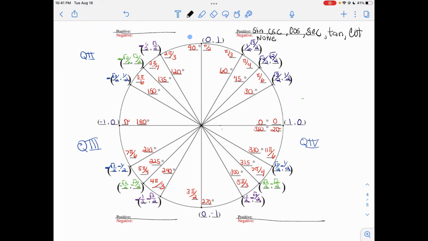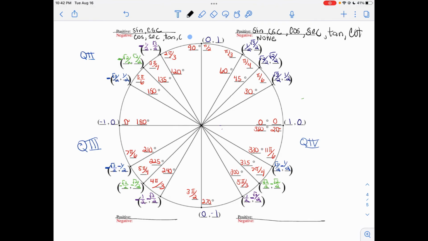Now in quadrant 2, my x is negative, my y is positive. So since y is positive, that means my sine must be positive, and its reciprocal, cosecant, must be positive. Since x's are negative, that means cosine is negative, and its reciprocal, secant, is negative. Now to figure out if tangent is positive or negative, remember tangent is sine divided by cosine, or y divided by x. So if I take my y, a positive, divided by a negative, I get a negative.